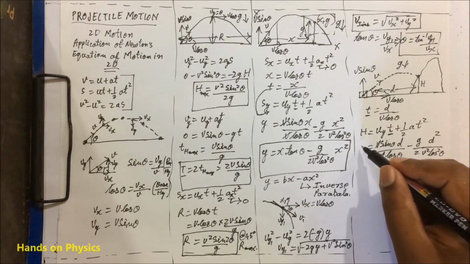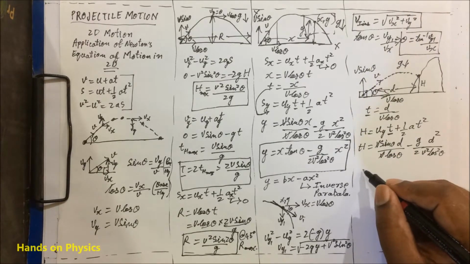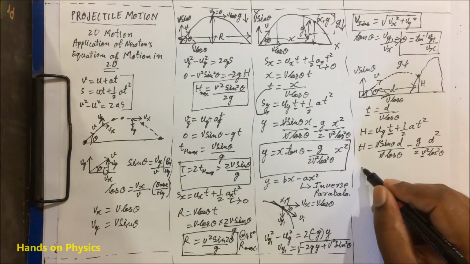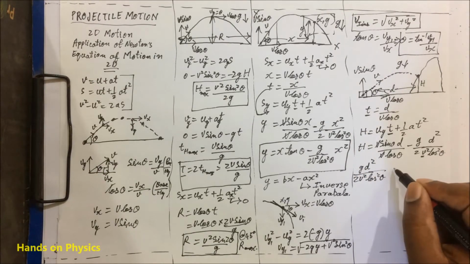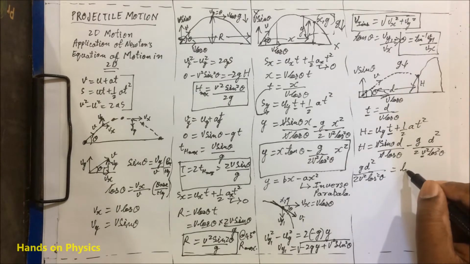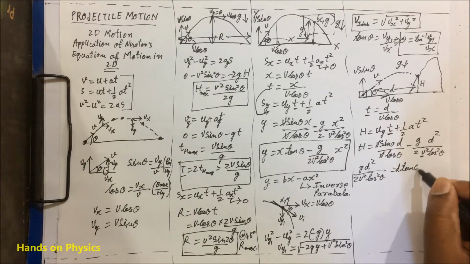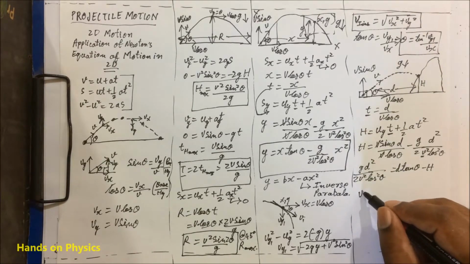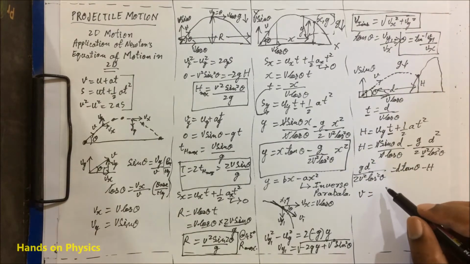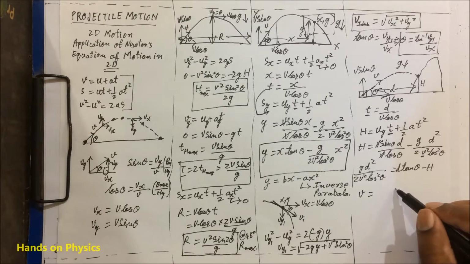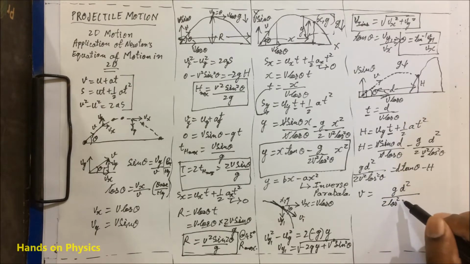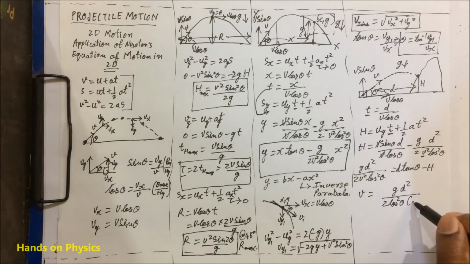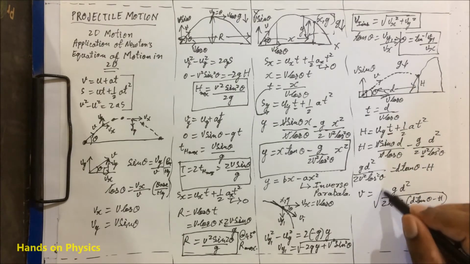So this v and v will get cancelled, this h will be here. In order to find this velocity, we can write g d square upon 2 v square cos square theta is equal to, sine by cos will become, d tan theta minus h. So v will become the square root of g d square upon 2 cos square theta, and this entire term d tan theta minus h comes down, whole under root.